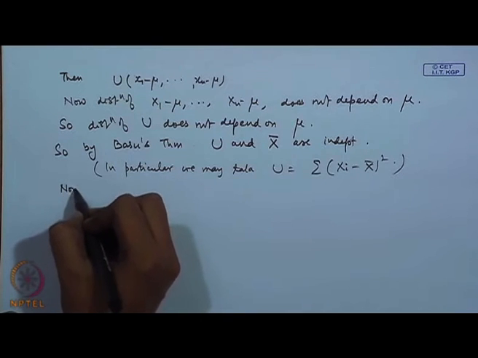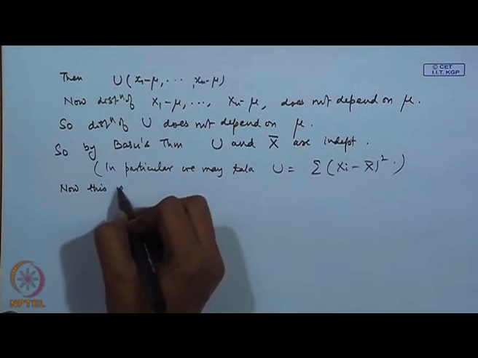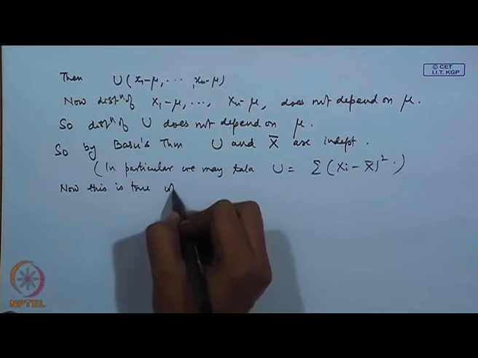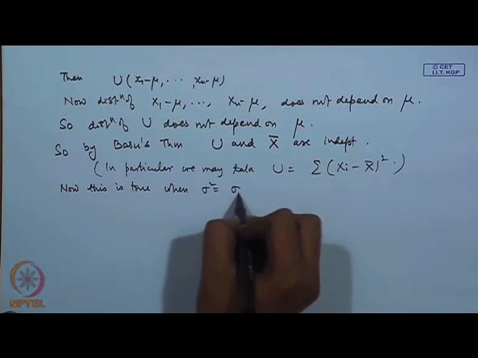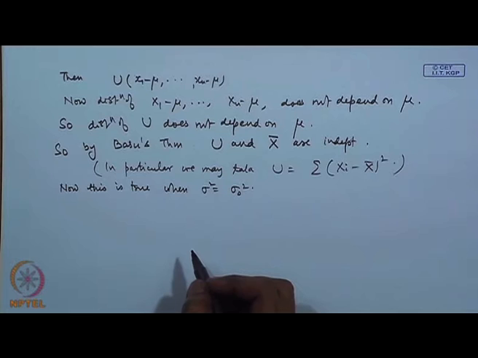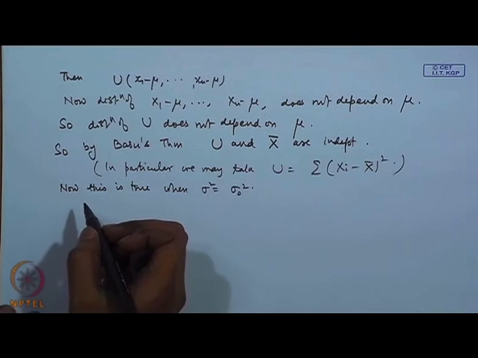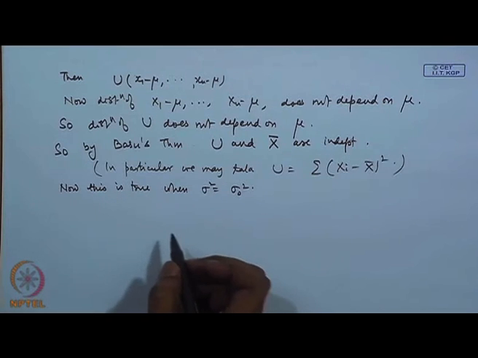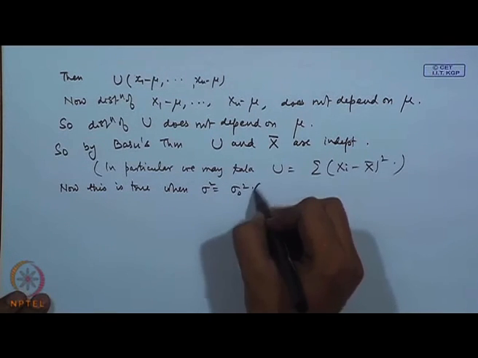Now, this is true when sigma square is fixed as sigma naught square. But the distribution of this is arbitrary.